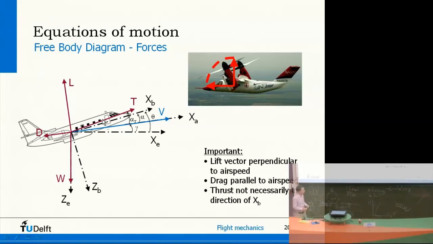So the weight component in this case is not the sine of gamma, but it's minus weight cosine of gamma. And since we have this thrust vector over here, thrust is actually pointing upwards a little bit. So we get plus T sine alpha t. Is there a question?